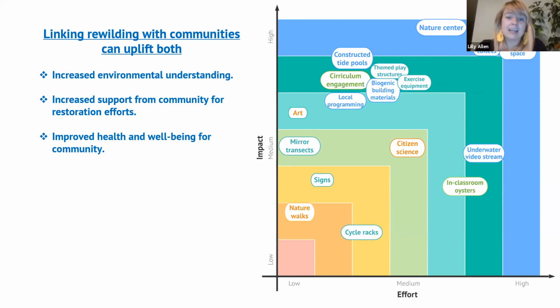On the other hand, things like cycle racks, nature walks, and mirror transects, these soft, light touches that really start to draw the imagination and draw people towards the coast, are pretty low effort and pretty high impact. You're sparking the imagination, and you're trying to increase environmental understanding and increase support from the community for restoration efforts.